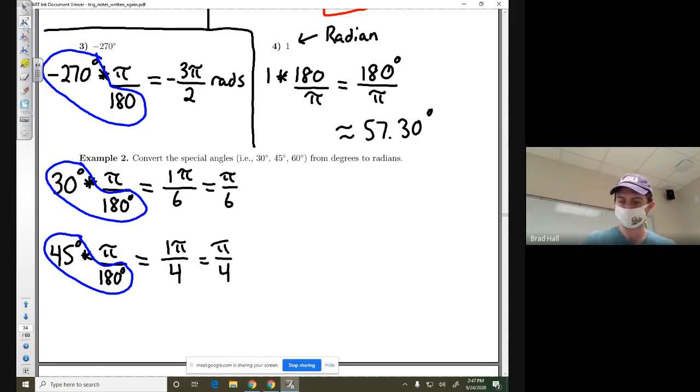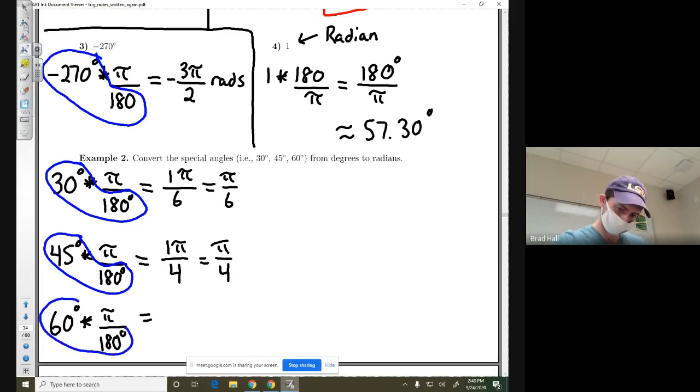It's just pi/4. Now 60 divided by 180, probably just 1/3. Throw the pi back in. The 1 doesn't really matter.